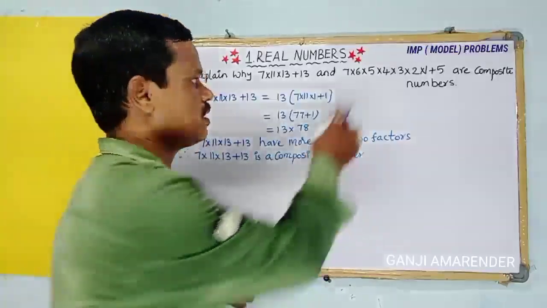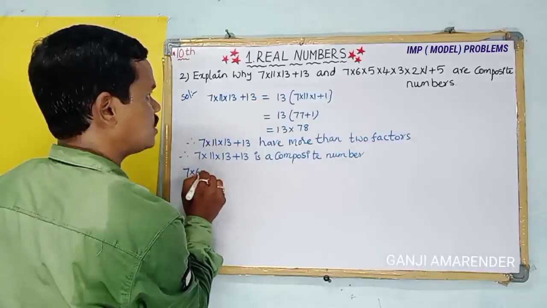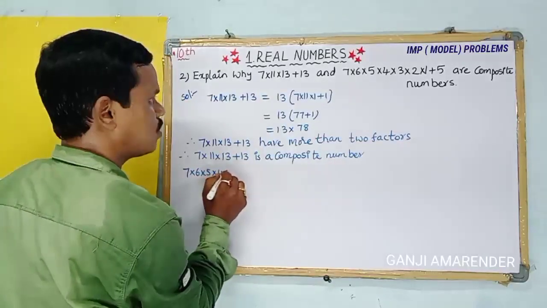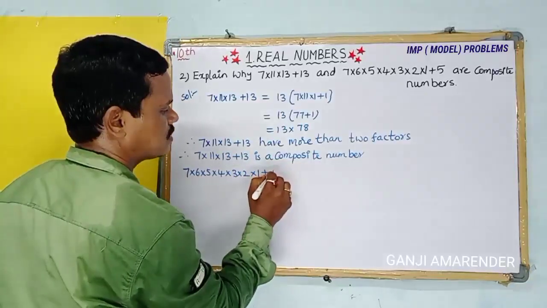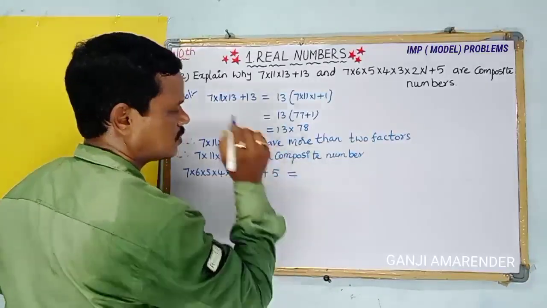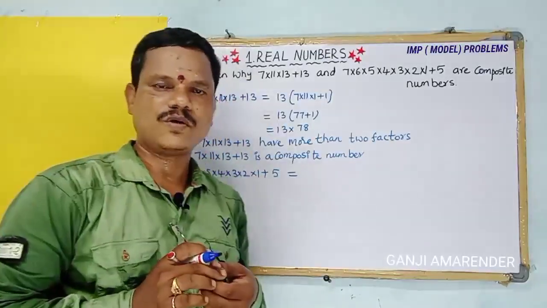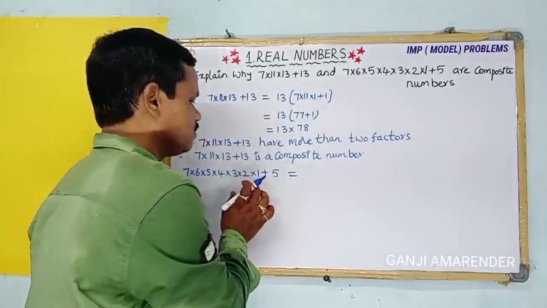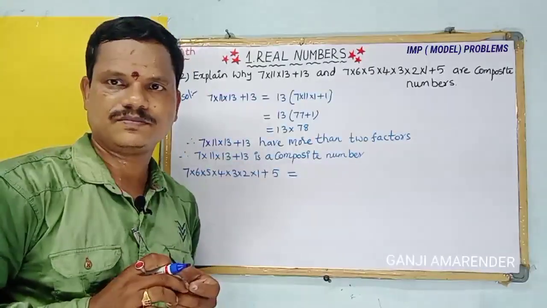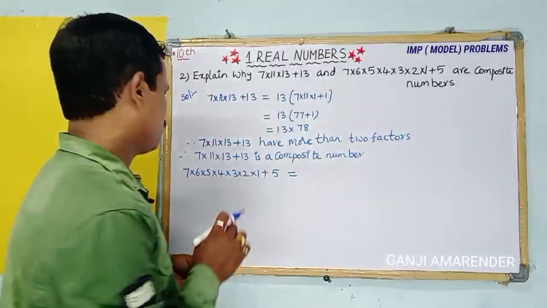Okay, now take the second one: 7 into 6 into 5 into 4 into 3 into 2 into 1 plus 5. Why is it a composite number? Okay, now we have to prove it has more than 2 factors, then it is a composite number.